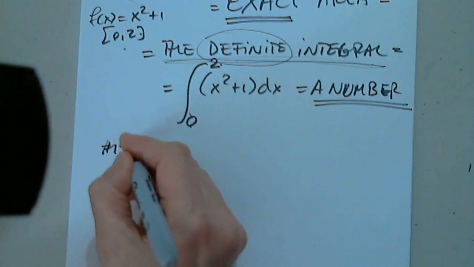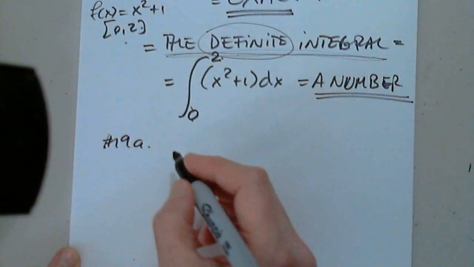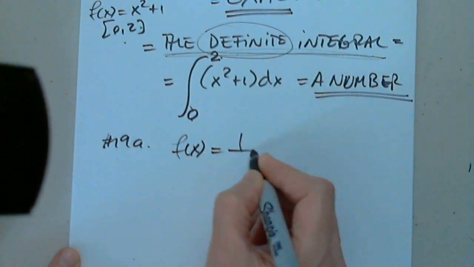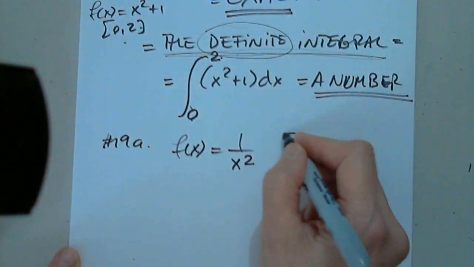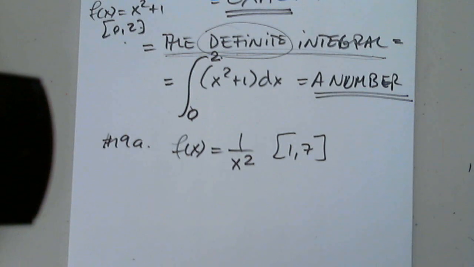Let's look at 19A. Approximate the area under the following graph. F of x equals 1 over x squared, and the interval is 1, 7, by computing the area of each rectangle to 4 decimal places and then adding. So looking at this graph, can anyone identify if it's the leftmost point or the rightmost point?